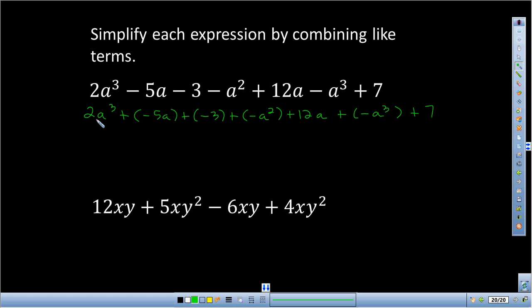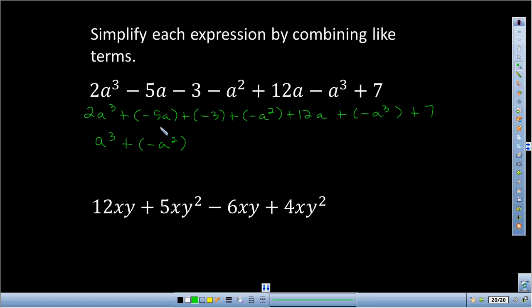So now if we look at the a cubed terms, 2a cubed and a negative a cubed, when we combine those we get a cubed. Now as we look, we only have one term that has a variable factor of a squared. So we'll go ahead and write that in as negative a squared.